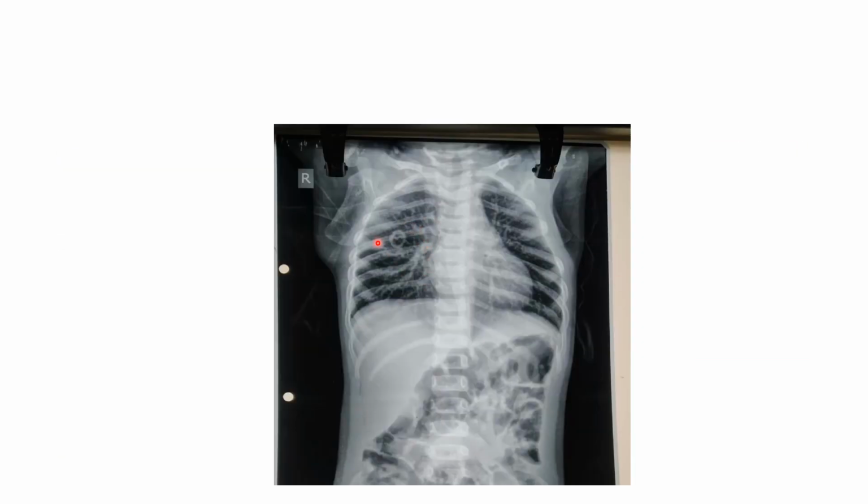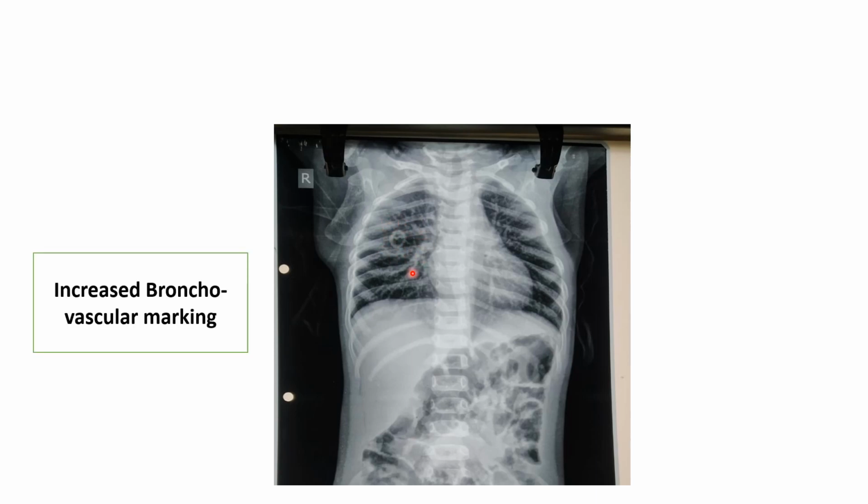Now in this X-ray also you can see the ring-like cavity which is radiolucent and present in the right middle zone with increased bronchovascular markings.